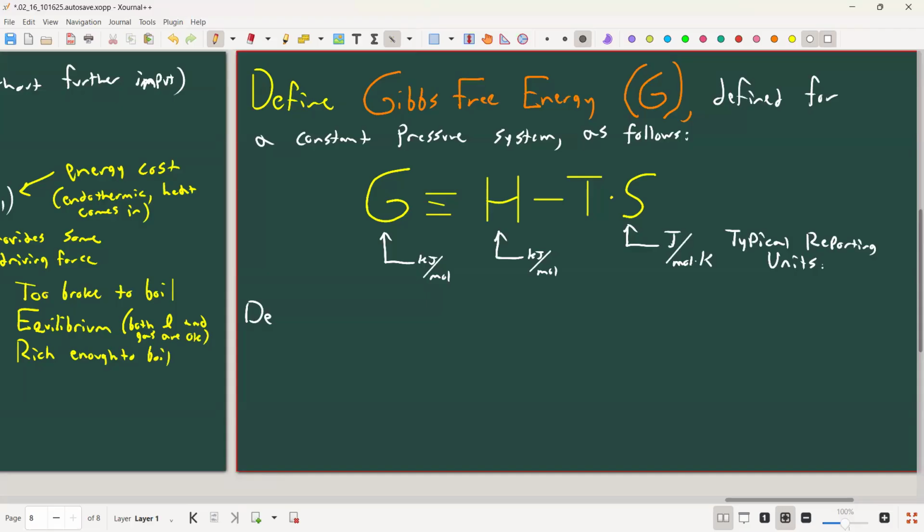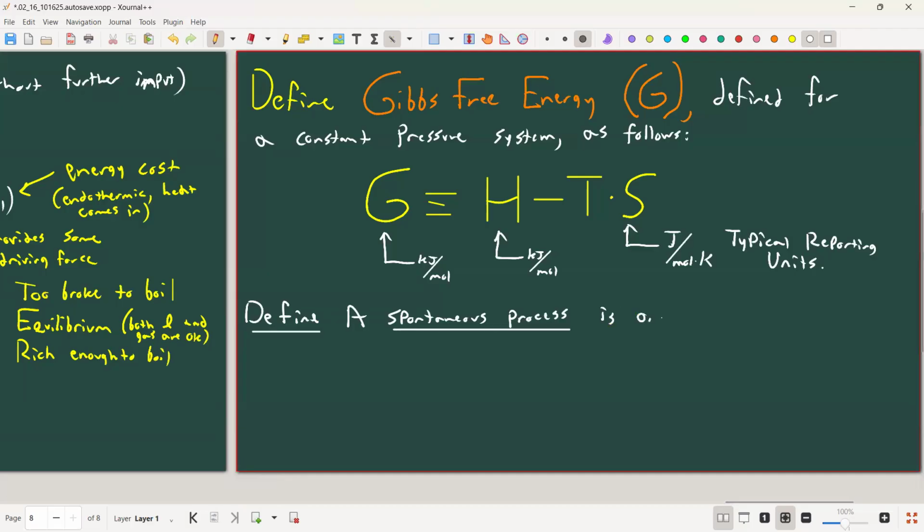All right, let me just finish up my little spiel here for the last couple of minutes. What we can do now is define a spontaneous process. It is one that occurs with no external, additional input of energy or force.